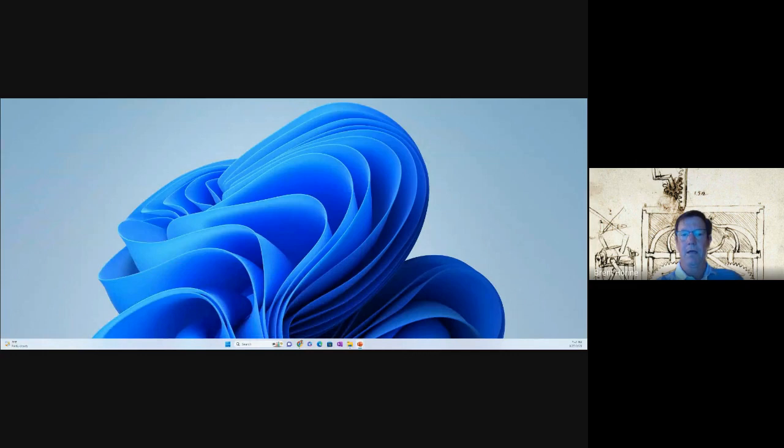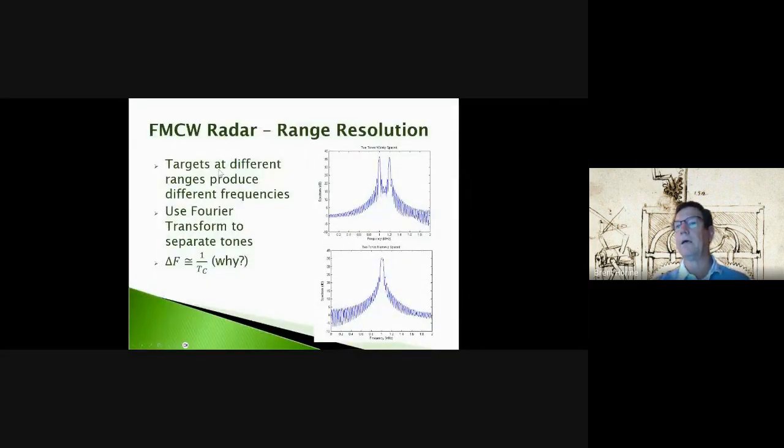So let me go full screen again here. So, all right, we can start with the desired spatial resolution, transform that to our frequency resolution through our chirp rate or slope of our chirp, and then calculate the TC that we need to achieve that.